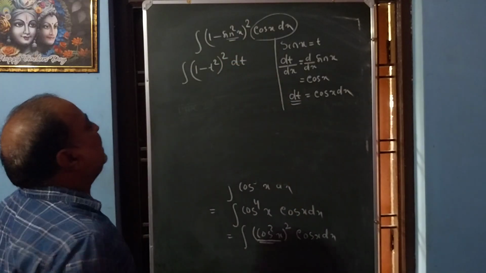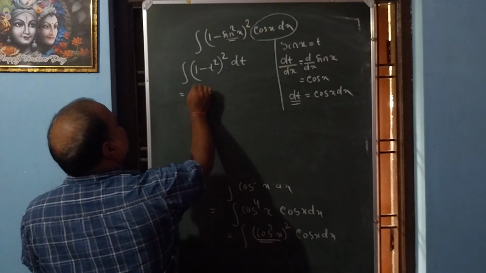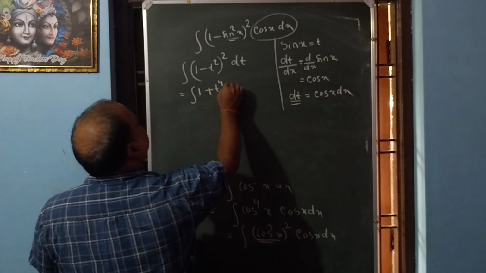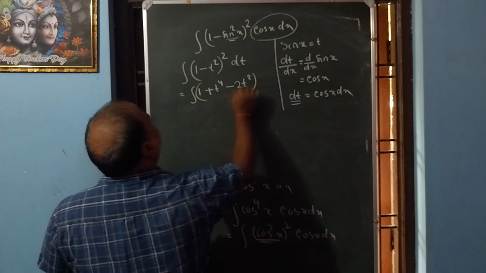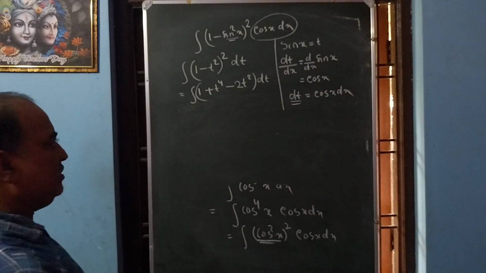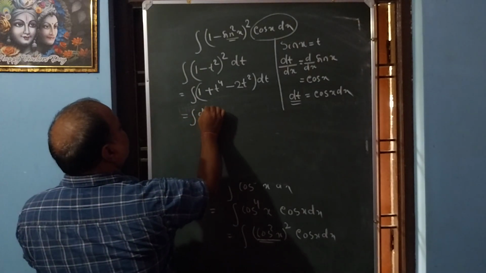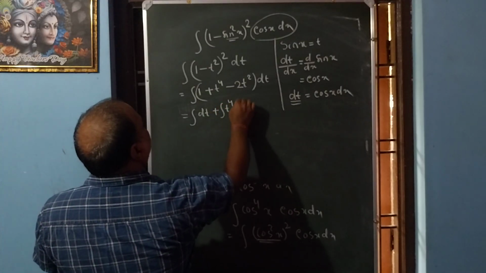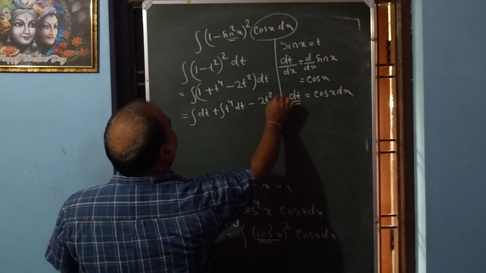Then you think it is a, it is b. (a minus b) whole squared is a^2 plus b^2 minus 2ab dt. Okay? Now individual integrations, we get integration of dt plus integration of t^4 dt minus 2t^2 dt.